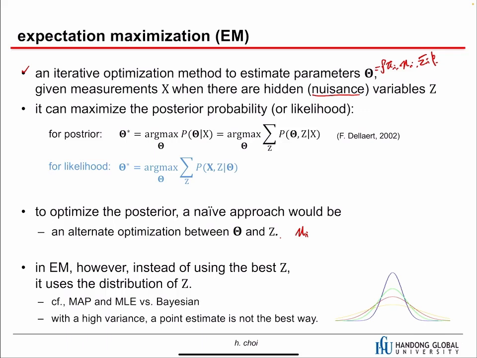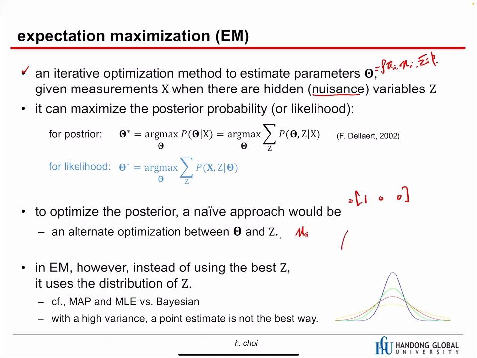Let's say we have 3 clusters and we have 1, 0, 0. This is an assignment of one sample. For one sample, z can be a 3-dimensional vector, a binary representation.